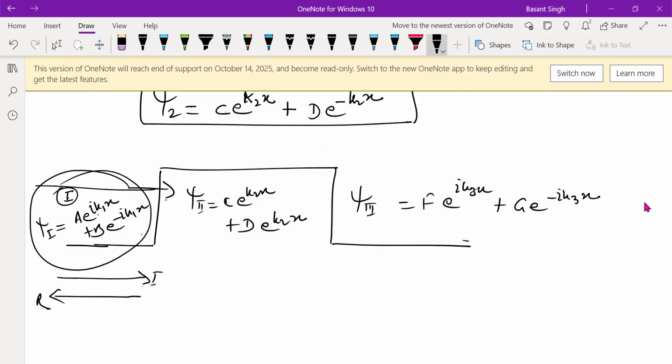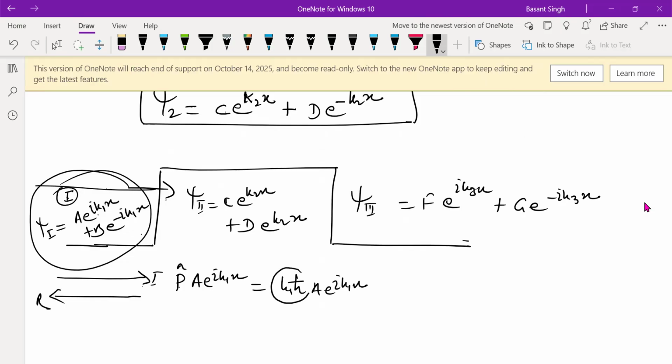Okay. Which one is the incident wave and which one is the reflected wave? That we find out by the momentum operator. Because for A e to the power i k1x, when we apply the momentum operator, this gives k1 h-cross times A e to the power i k1x.